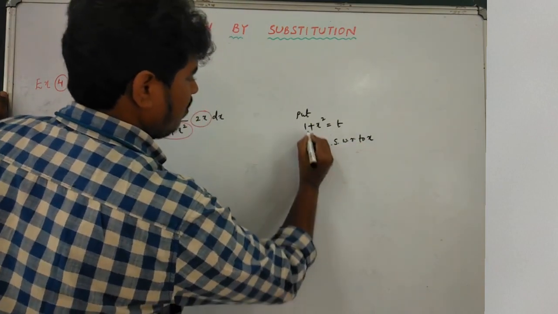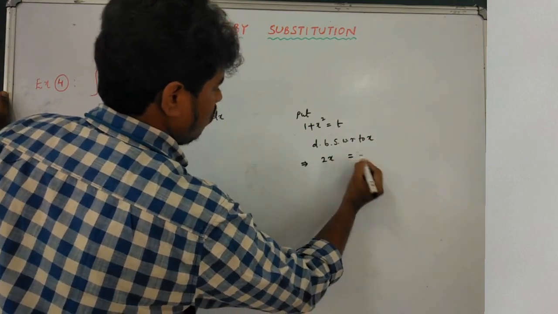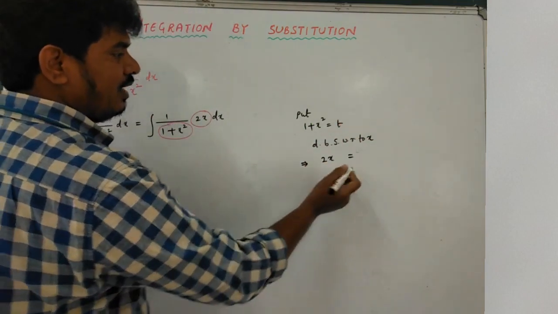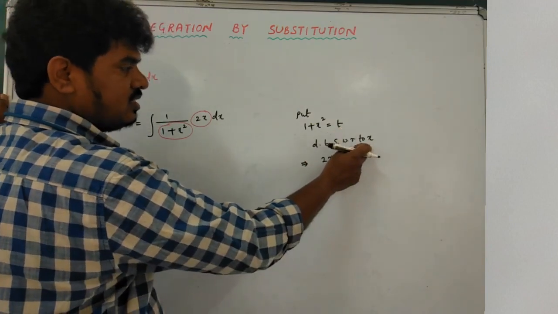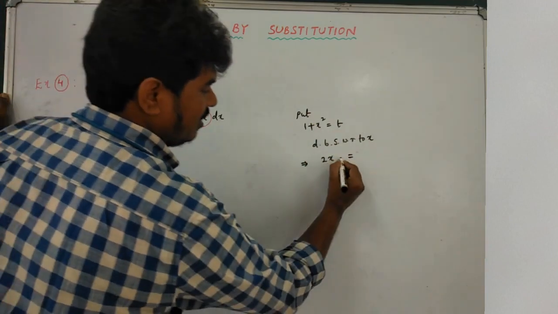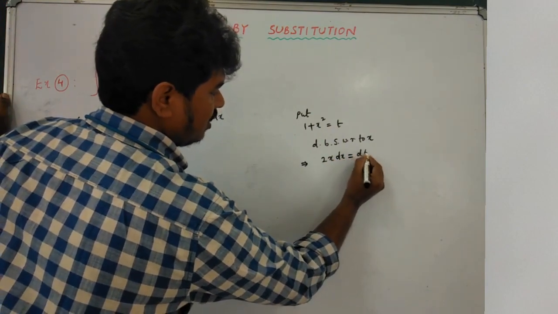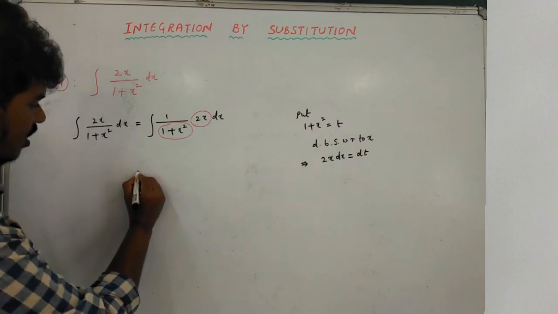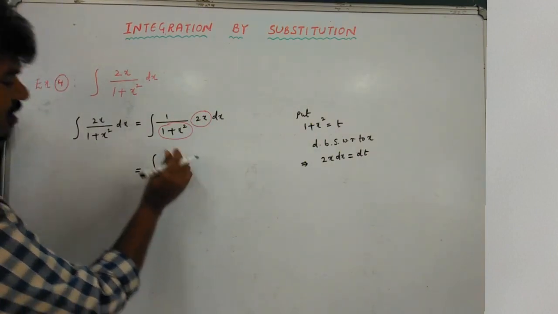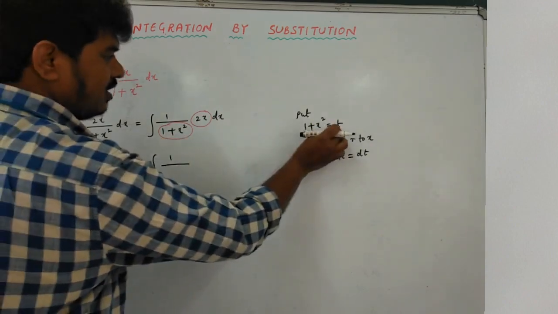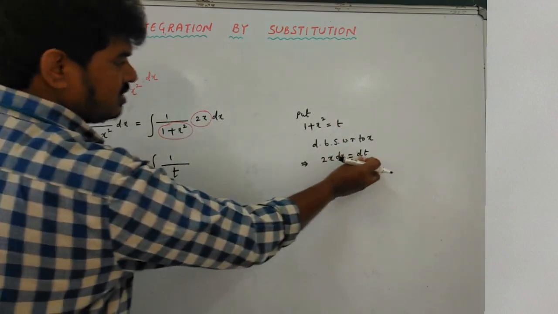The derivative of 1 plus x square is 2x, equal to the derivative of t, which is dt by dx. I am taking the dx to the left side. So 2x dx is equal to dt. Now this is equal to the integral of 1 divided by 1 plus x square, which means t, and 2x dx means dt.